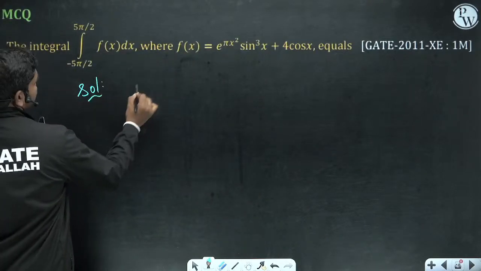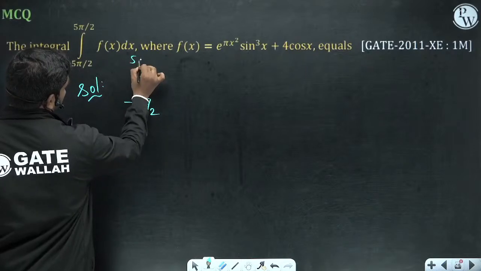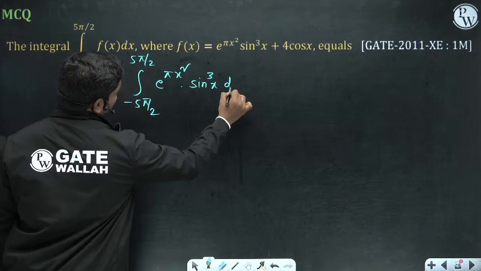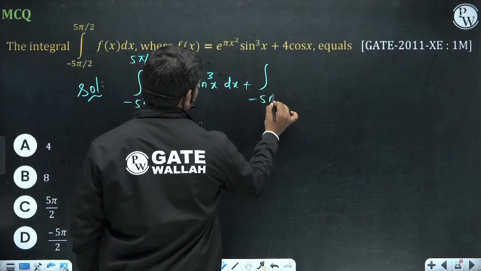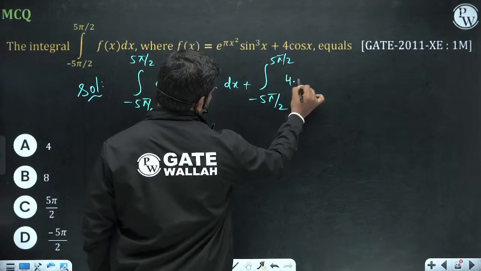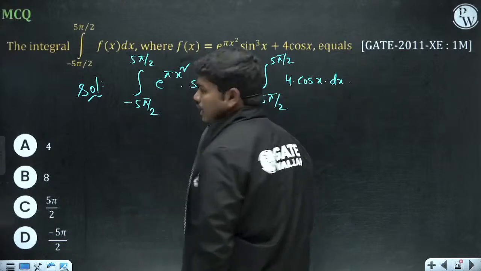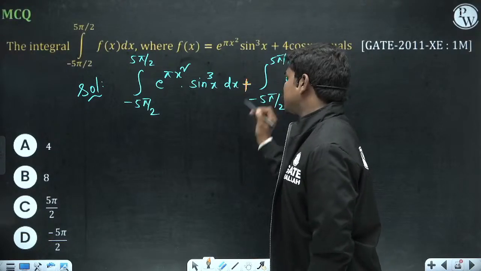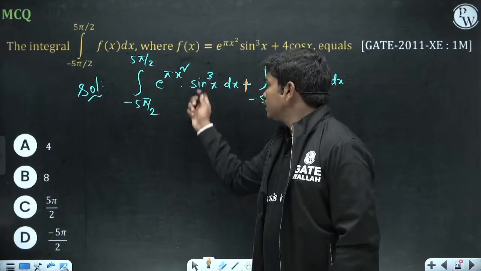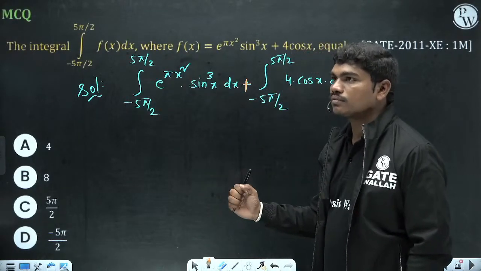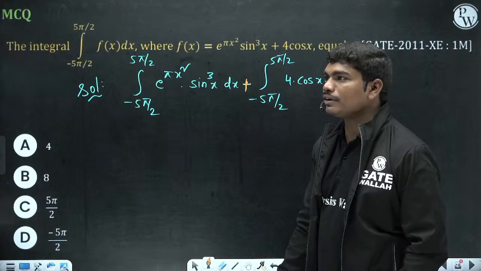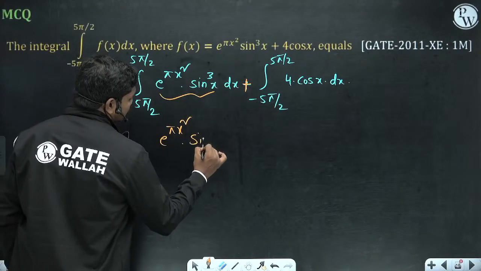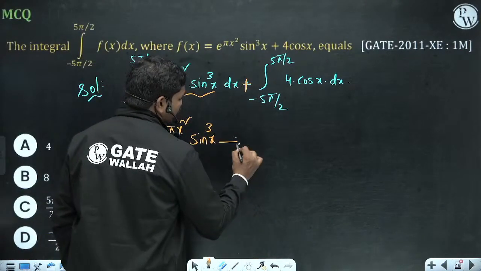Integral from minus 5π/2 to 5π/2 of f(x), so this is e^(πx²) sin³x dx plus the integral from minus 5π/2 to 5π/2 of 4 cos x dx. Now you tell me, I made this function into two integrals. What is the value of the first integral? It is 0, because this function is an odd function: e^(πx²) times sin³x is an odd function.